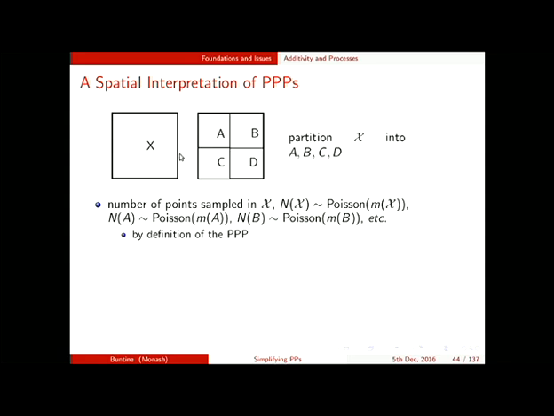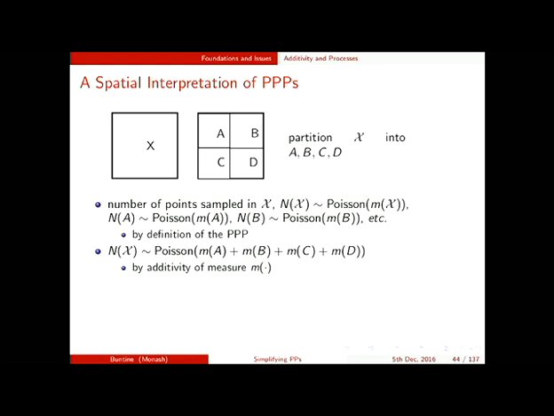Here's our domain X. We can split our domain X into 4 parts, A, B, C, D. The total number of points in X is going to be N_X, a Poisson based on our measure of X. What this additivity says is we could have built that up from the parts.